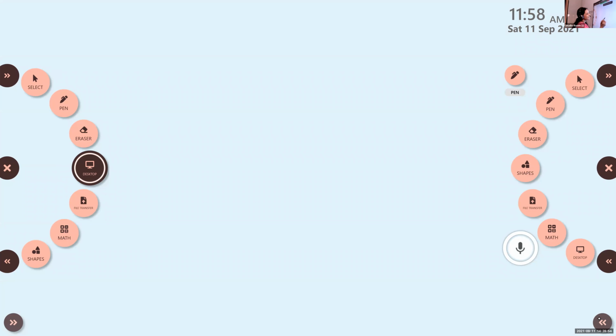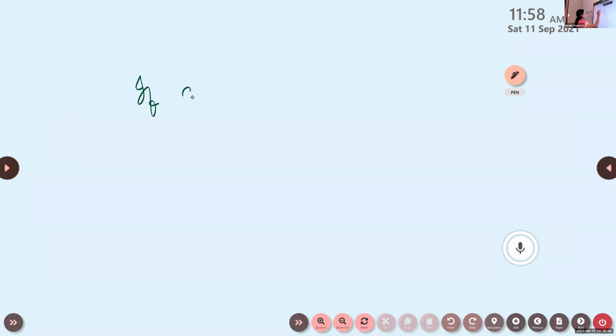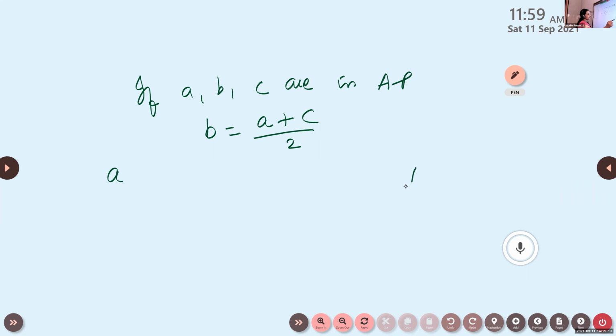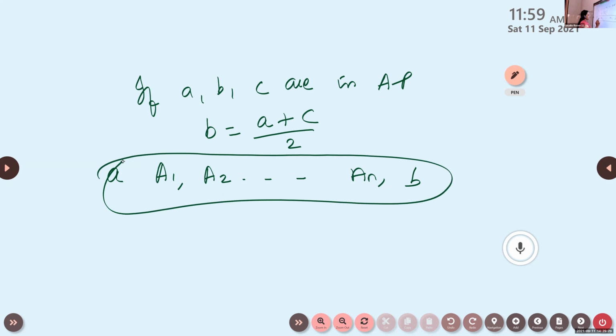What we learned: if three numbers A, B, C are in AP, then B is given by (A plus C) by 2, and B is said to be the arithmetic mean of A and C. And we discussed that between any two given numbers, we can insert n numbers so that the given sequence will become an AP.